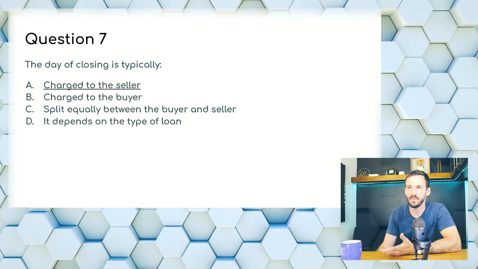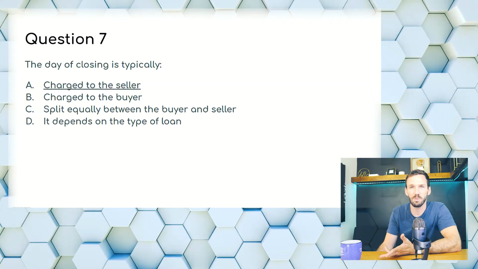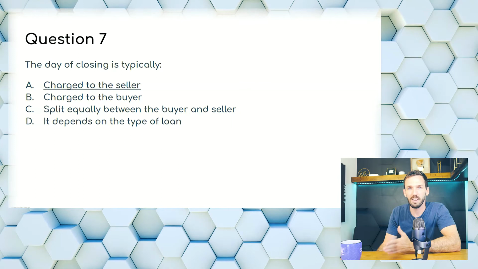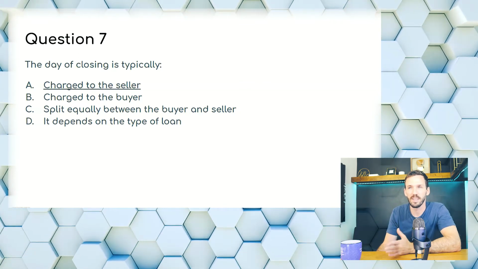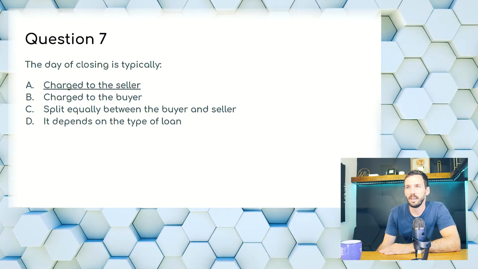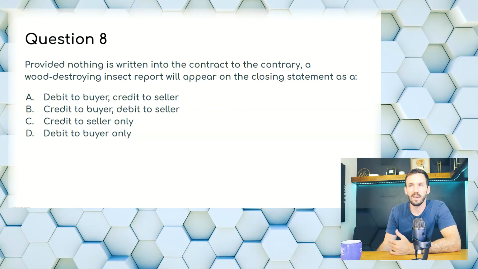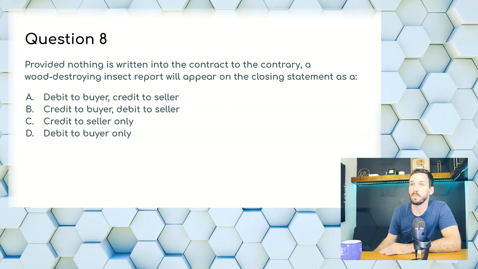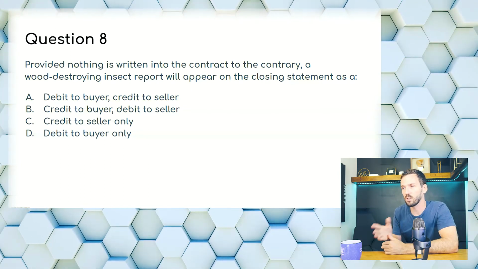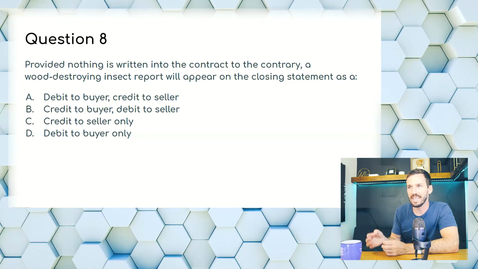But I really don't know what they're talking about, because even as we saw in a previous answer, you pay the day of closing as the buyer for the interest. So I don't know what they're talking about here. I guess typically it's a seller thing, but sometimes it's a buyer thing. Stupid.